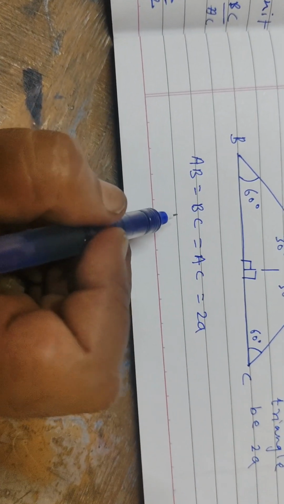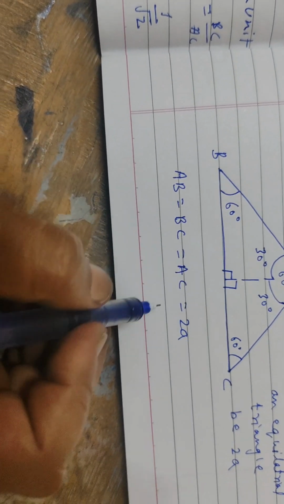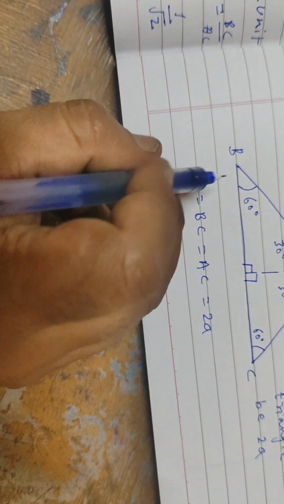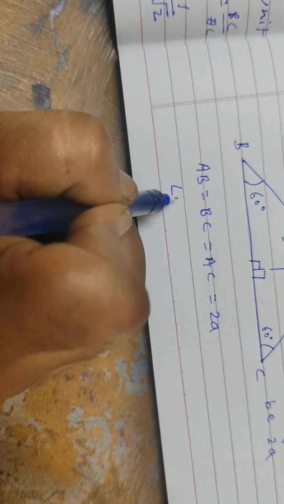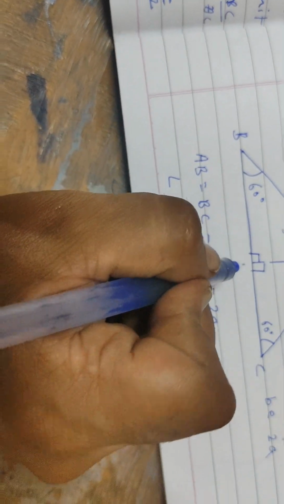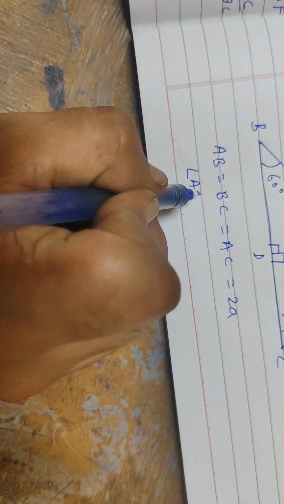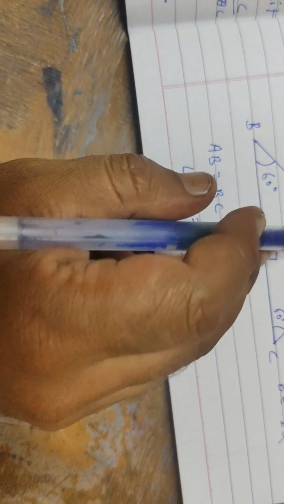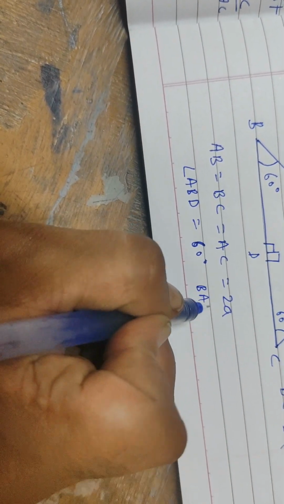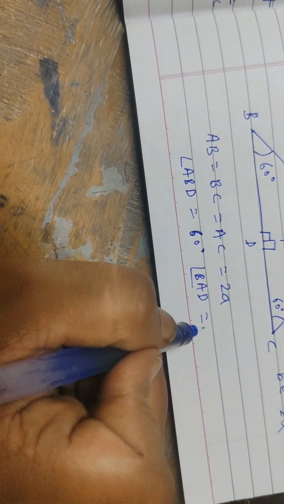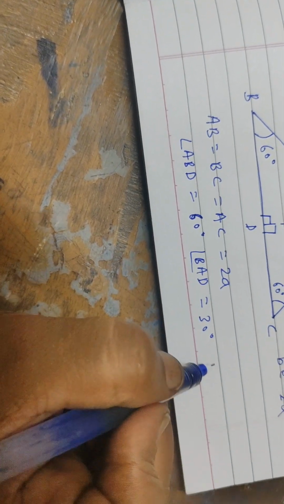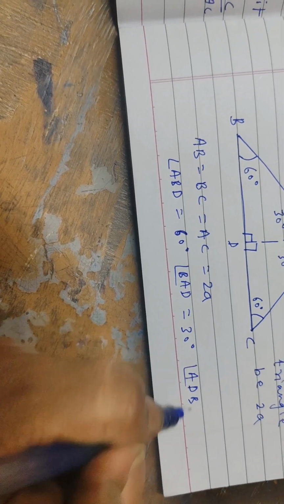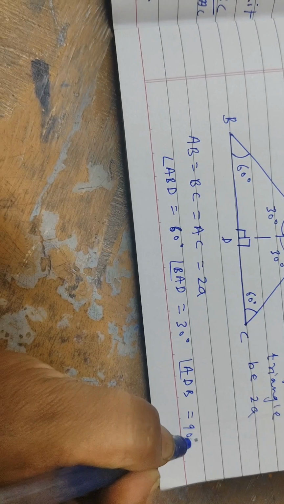So we write here angle ABD is 60°, BAD is 30°, and ADB is 90°.